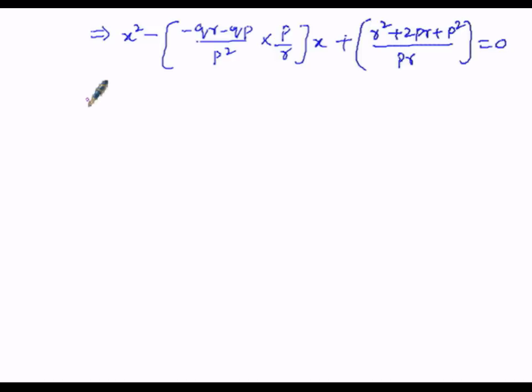Then now that implies x square minus, within the bracket, so here minus q can be taken out as common. When minus q is taken out as common, just r is left over within the bracket. So inside the bracket, when the minus sign is taken as common, the signs inside the bracket will be changed, minus as plus. When q is taken as common, just p is left over.